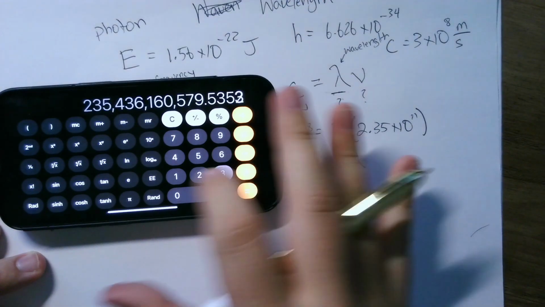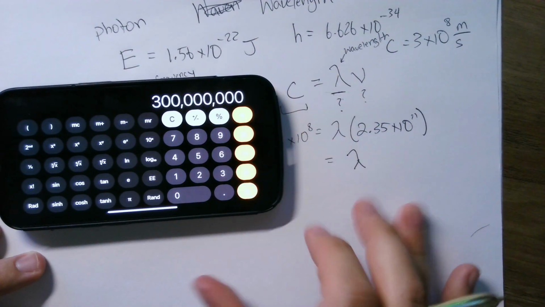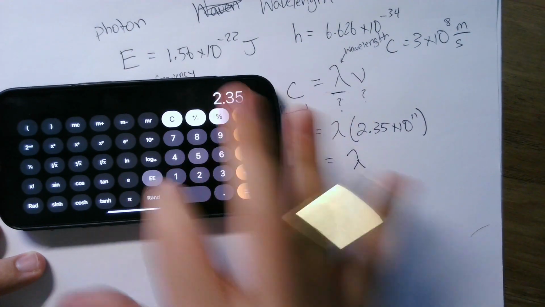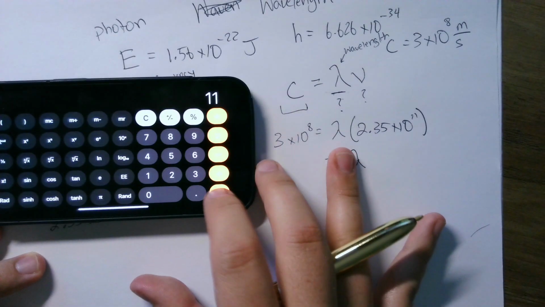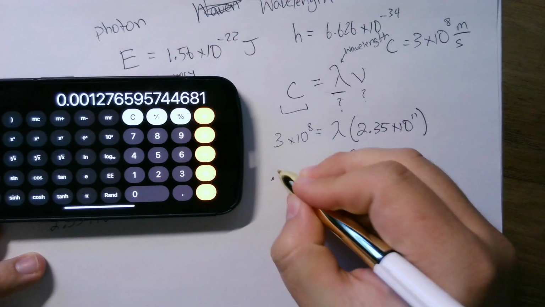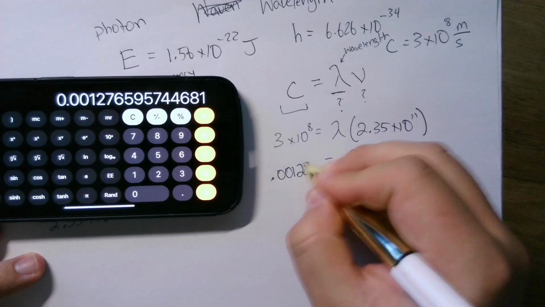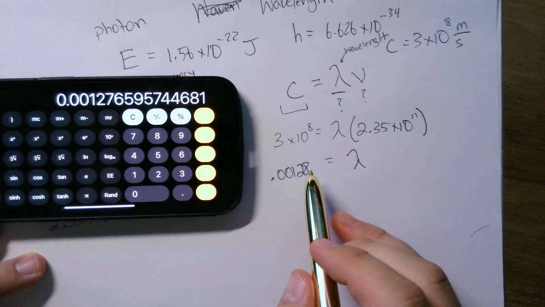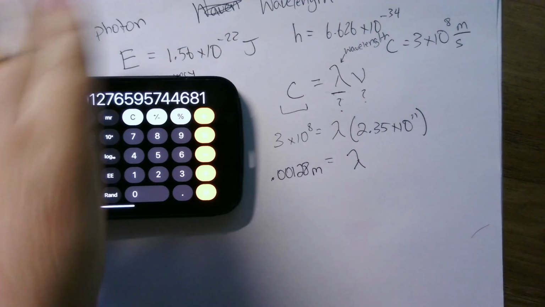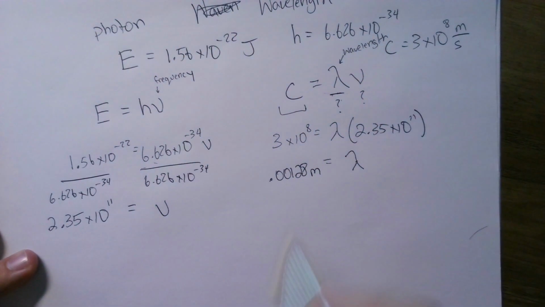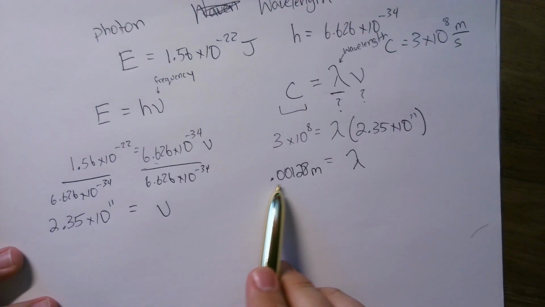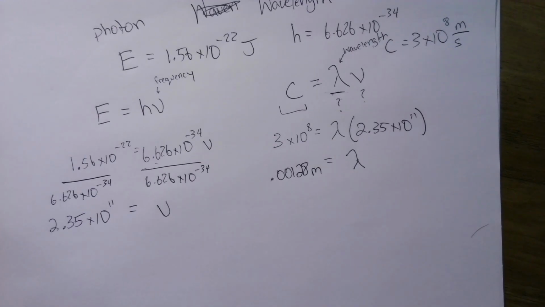So I'm just going to do 3 times 10 to the 8th divided by 2.35 times 10 to the 11th. Round to my first 3 non-zero digits, and the unit for wavelength is meters. So this wave has a wavelength of 0.00128 meters. So it's quite small.